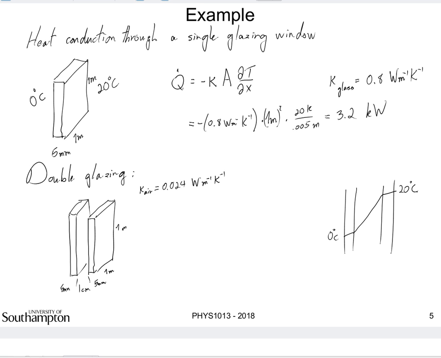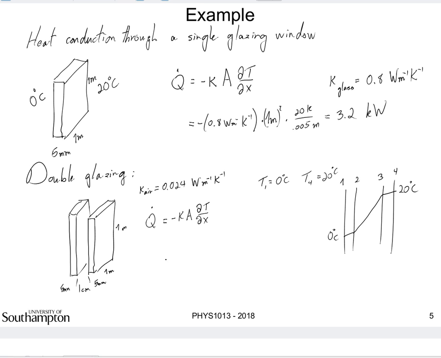So, let's say that this is 1, 2, 3, and 4. Okay? So we know T1 is equal to 0 degrees Celsius, and T4 is equal to 20 degrees Celsius. Okay? So we'll have Q dot, which is going to be equal for all the cases. It's equal to, for sure, minus kappa A dT/dx.